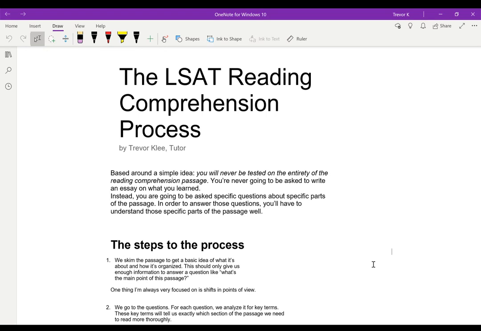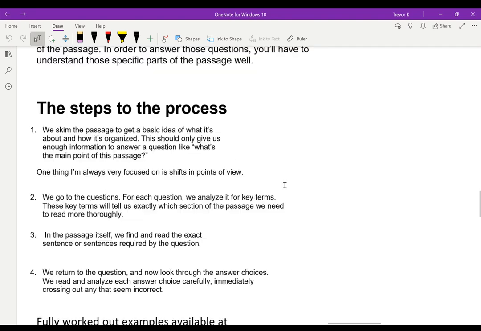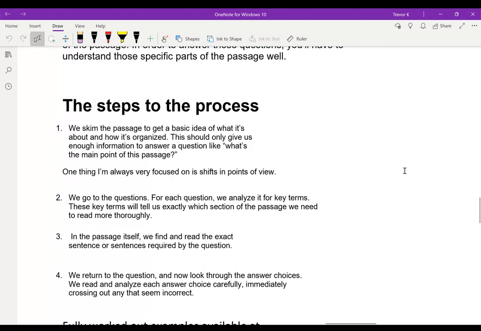And then once I do that, how do I interpret those in order to get the right answer? So that's pretty much the game of reading comprehension. What parts do I need to read? And then how do I interpret those parts to get the right answer? So here are my steps to the process. 4 steps. So, step 1, skim the passage.